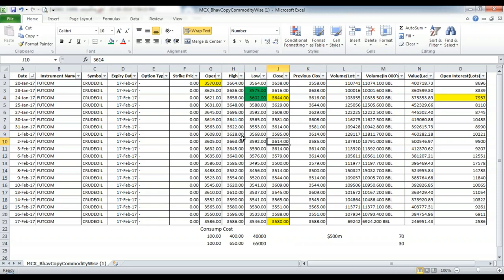It's not a full uptrend if you look at it, though the open interest has reduced. We have already made a trade, which is okay, but is it getting into an uptrend? The answer is no. Otherwise, it should have at least closed above this. It should not have come down and closed below it, which means there is some problem, right?